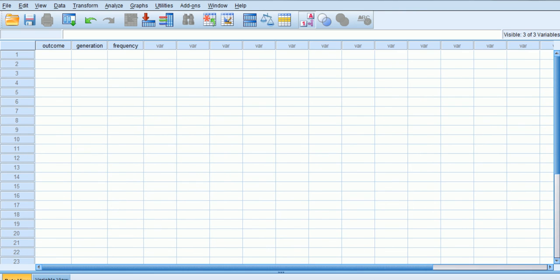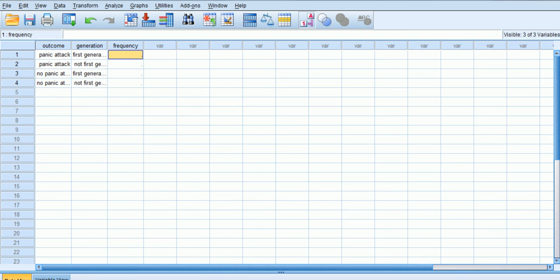We go to data view, and we'll put in all combinations of variables in the 2x2 table. So we have all combinations of variables. Now we just need to indicate the frequencies of each.